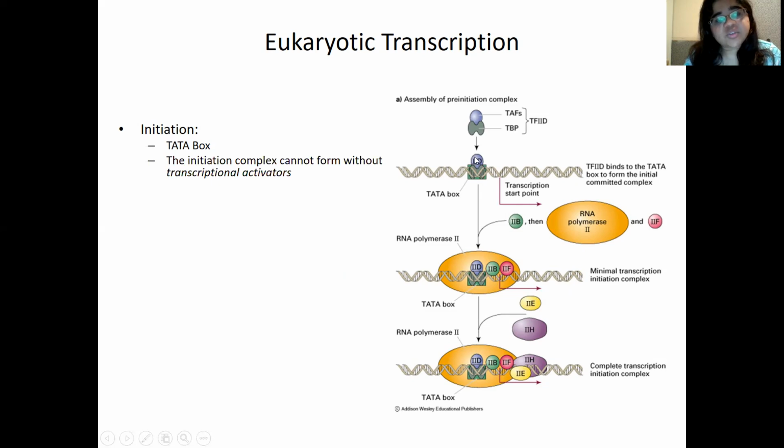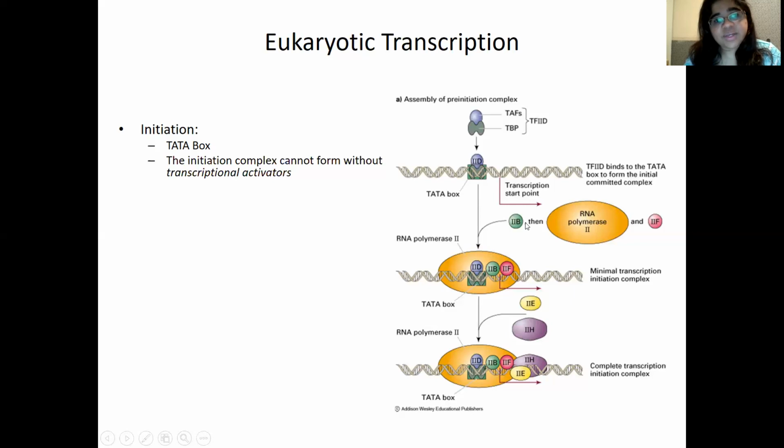We have transcription factors that pull these guys in and allow it to activate. So this is in the promoter region, right? So we have the promoter region. It comes in, binds here, and then we have this coming in.